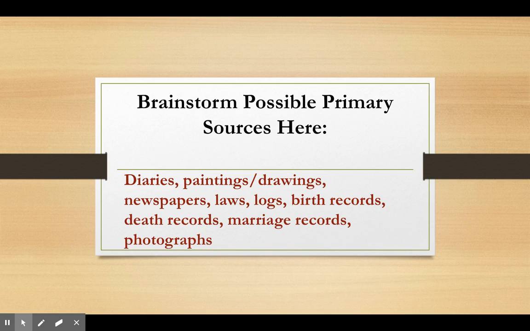Logs, like diaries, birth records, and death records are primary sources. Marriage records, too. Photographs are awesome primary sources because they capture a specific moment in that time and place in history. So they don't lie, as long as they're not manipulated.